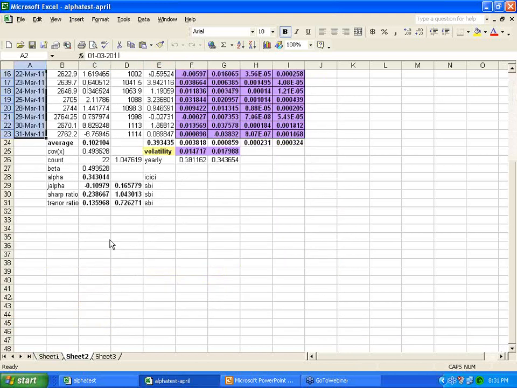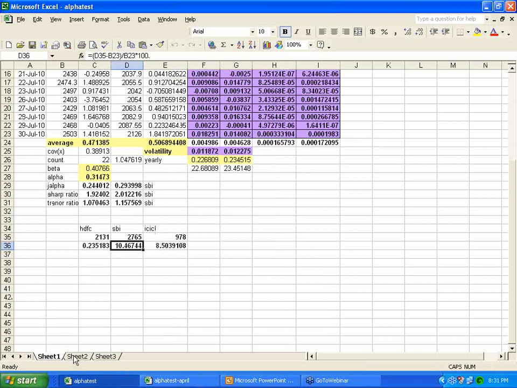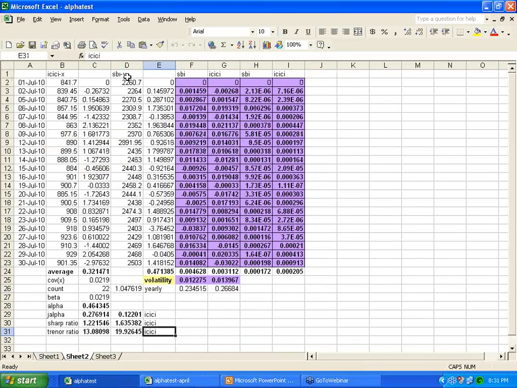Then we have compared State Bank of India and ICICI. Here State Bank of India has higher annual volatility. That's why we have changed it to position X. Previously, in the month of July, State Bank of India was placed at the position of Y because it had lower volatility.